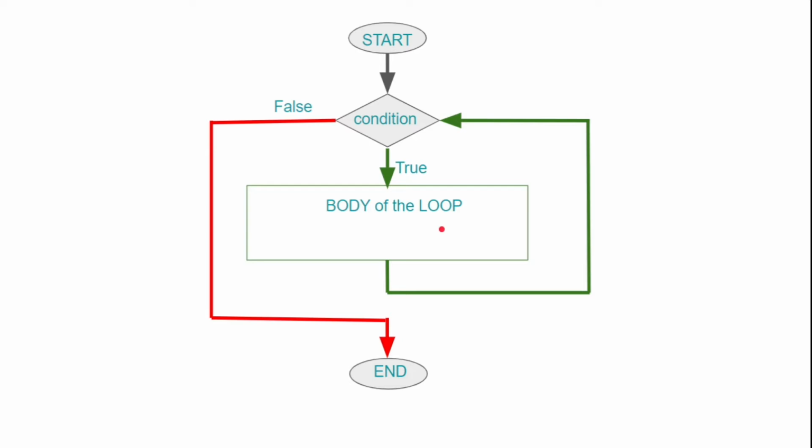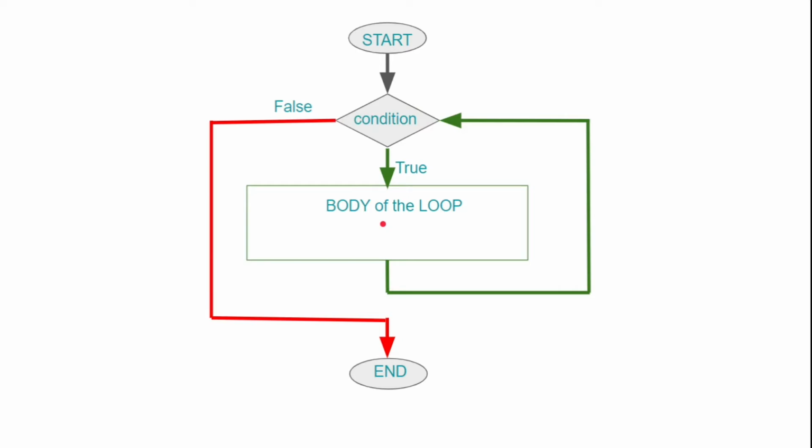Right now that is not possible. As soon as the control comes here, it will execute whatever instructions are written there as the body of the loop, and once those instructions are over, the control will immediately go back to this point. That is the default behavior. Once again, the control can go out of the loop only when this condition is false.